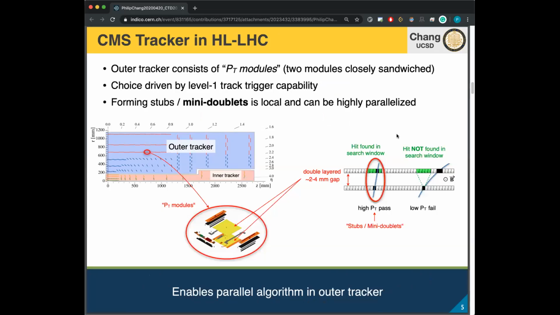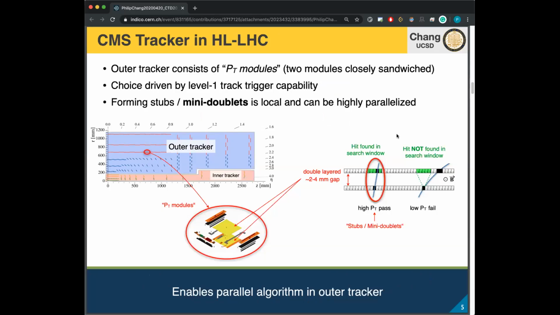So then I'm changing the stage here to the CMS tracker in the high luminosity LHC situation, and let me show you why this is a unique opportunity in the high luminosity LHC for CMS, that it's worth investigating the parallel algorithm.